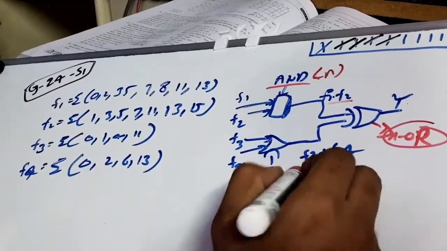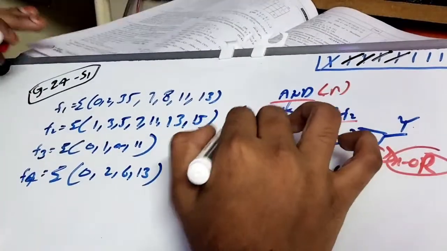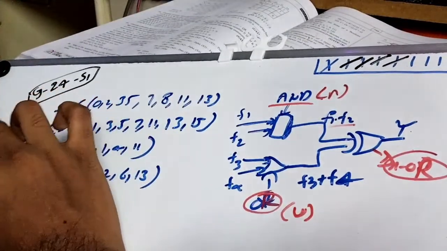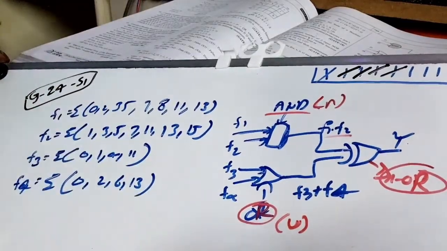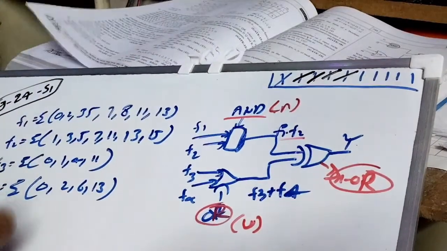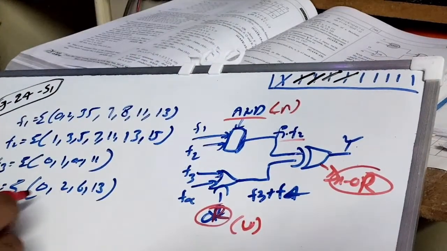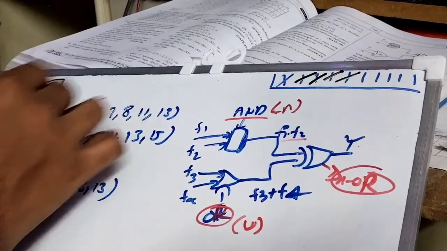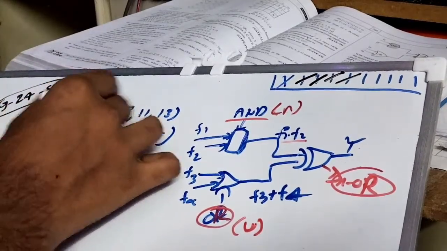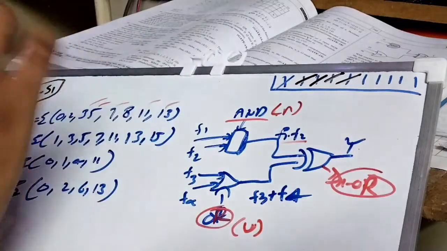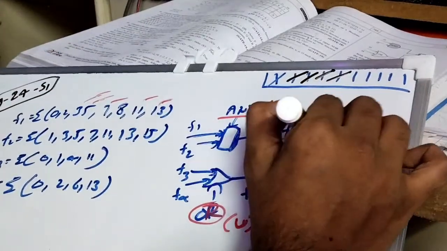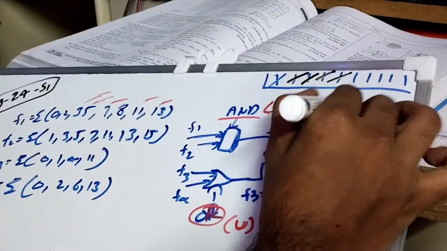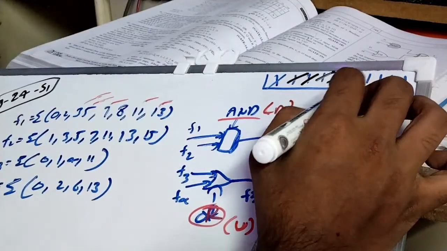Okay, for F1 and F2, what will we get? The common terms: 3 is common, 5 is common, 7 is common, 11 is common, 13 is common.